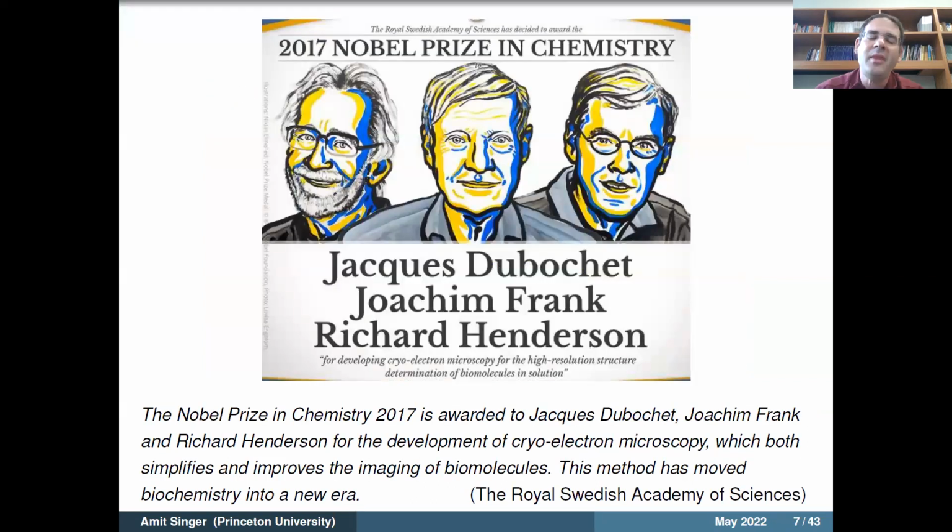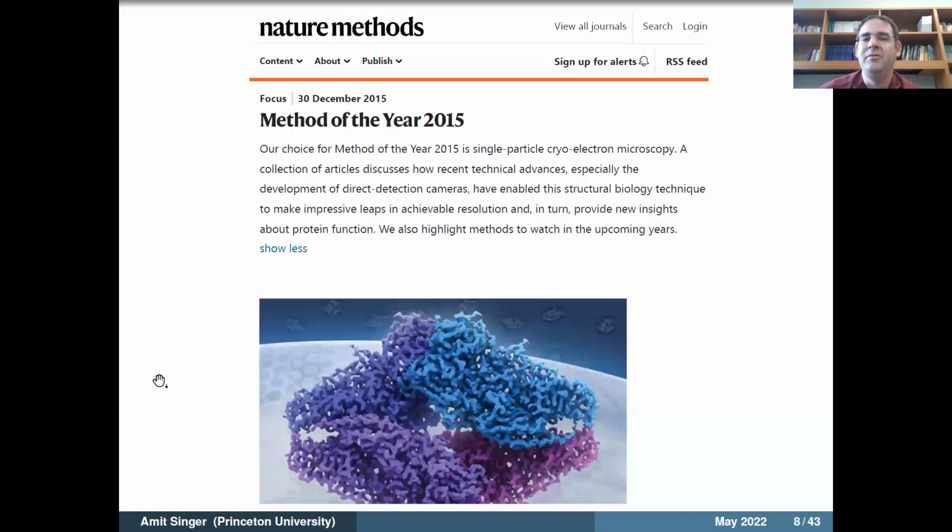In 2017, the Nobel Prize in chemistry was awarded to three of the pioneers of cryo-EM. As you can see from the citation, for the development of cryo-EM, which both simplifies and improves the imaging of biomolecules, this method has moved biochemistry into a new era. And this was not new.